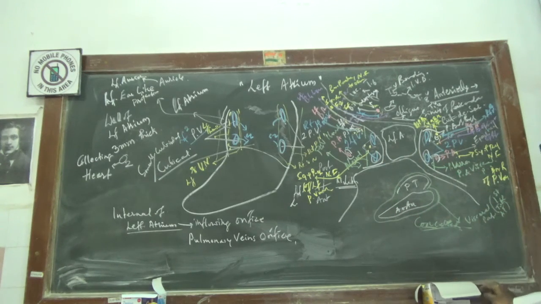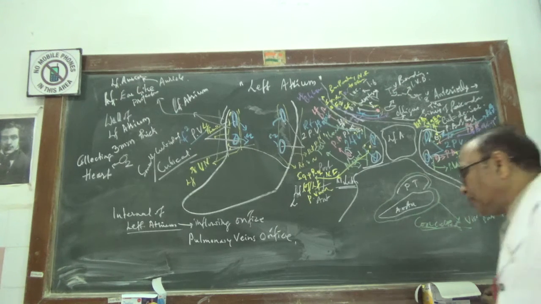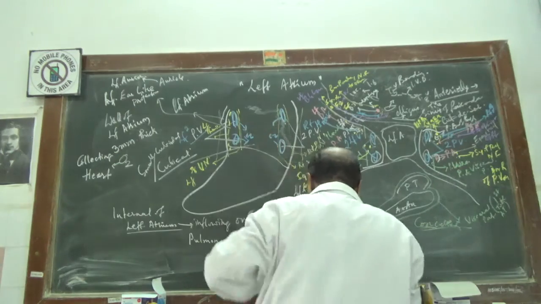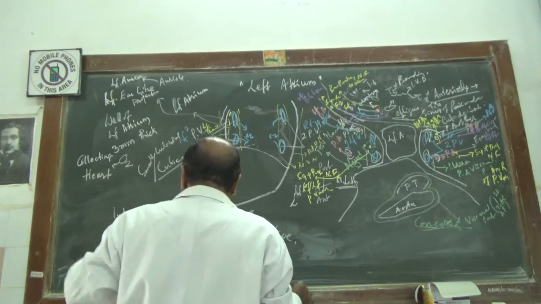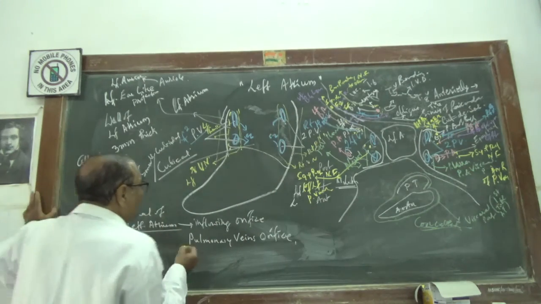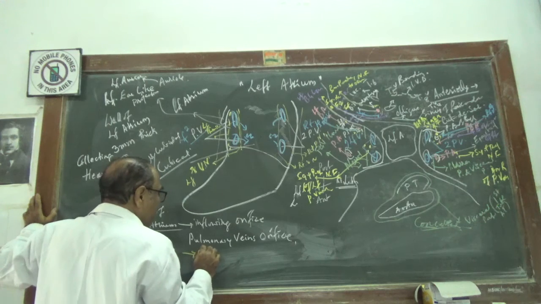Now these pulmonary veins are almost oval in shape, or round. So this is the inflow. Then you have got the outflowing orifice.